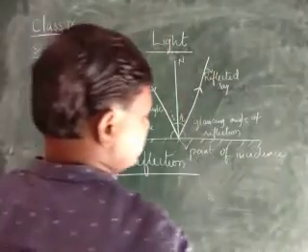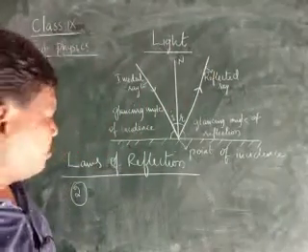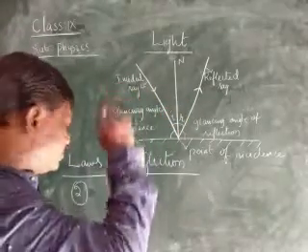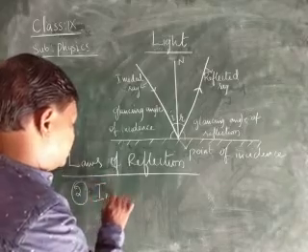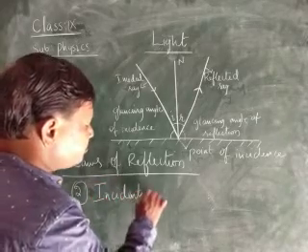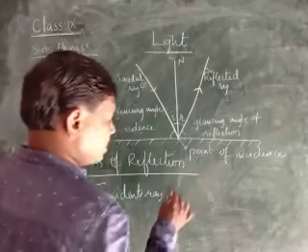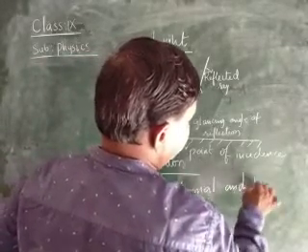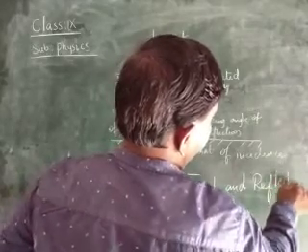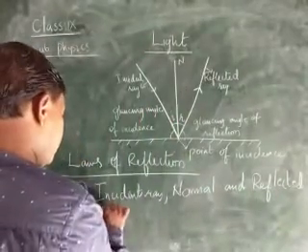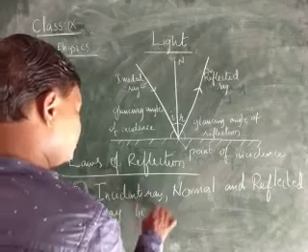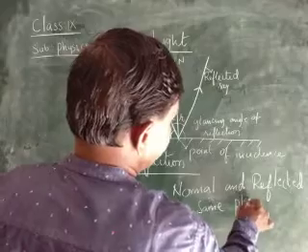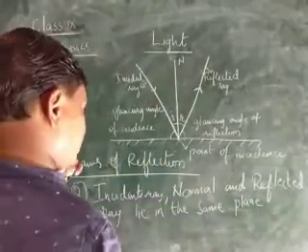That means if you take the board as a plane, then we say that the incident ray, normal, and reflected ray lie in the same plane.